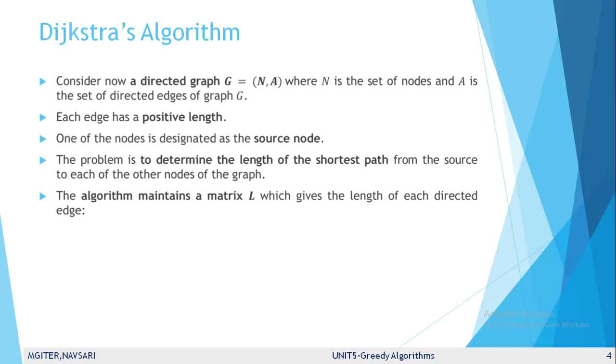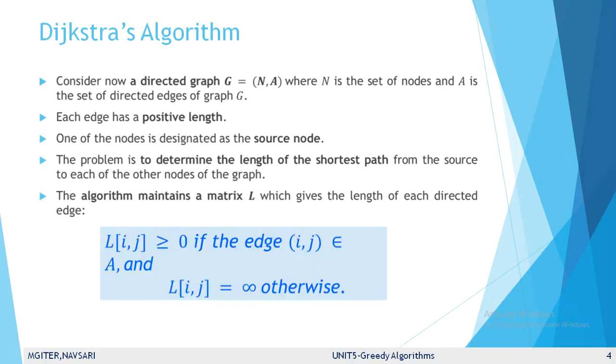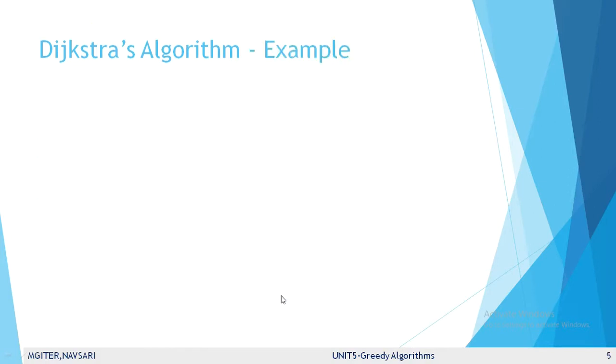In the graph, all the vertices have positive distance, and the single source shortest path or Dijkstra algorithm does not work for negative edges or negative distance. All the edges from I to J belonging to A have length greater than or equal to 0. Otherwise, we represent the length as infinity.